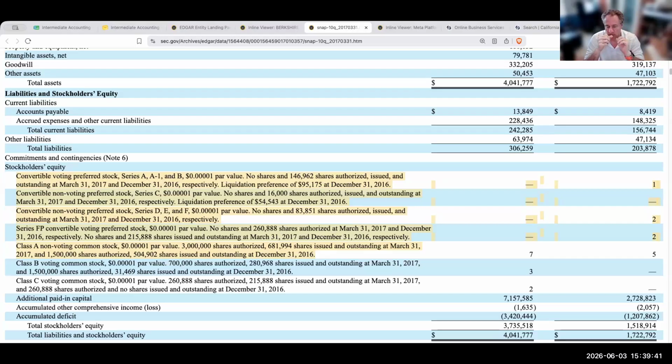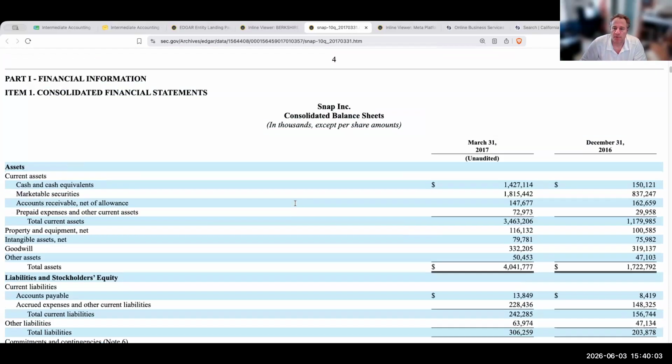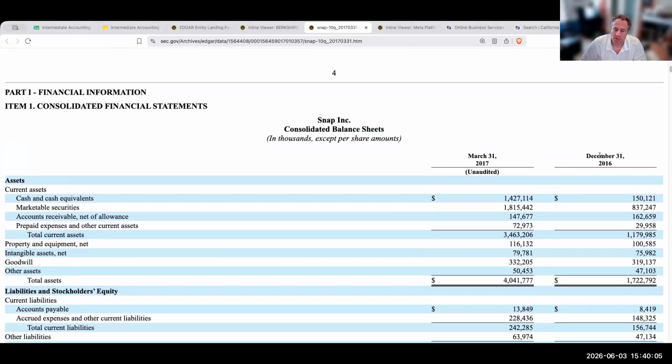Why does that take place? Well, preferred shares will oftentimes carry liquidation preferences. So you see this over here, liquidation preference. If the company goes bankrupt or liquidates their assets, those holders get paid prior to the common shareholders.